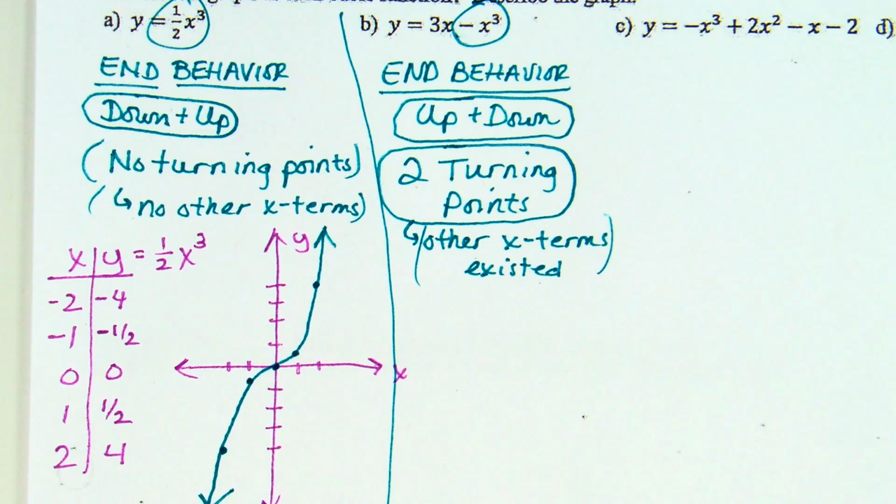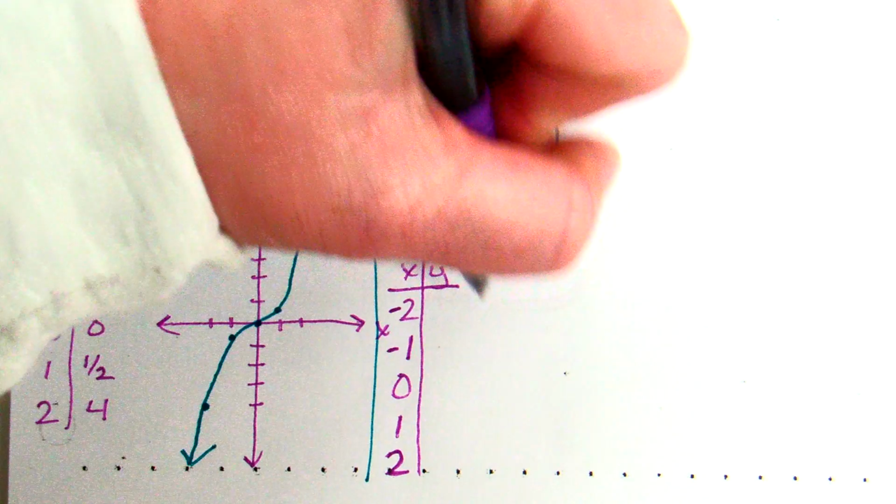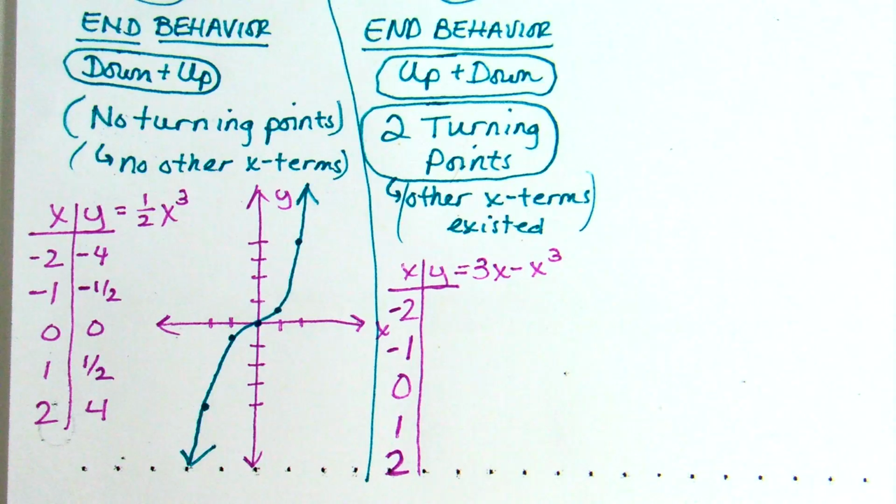So XY chart again. Same x values: -2, -1, 0, 1, 2. This time I'm plugging into the equation 3x minus x cubed. So 3 times the number minus the number cubed.